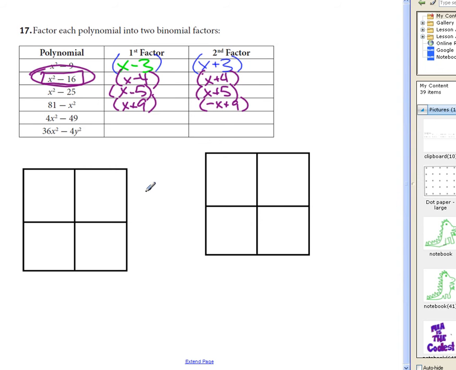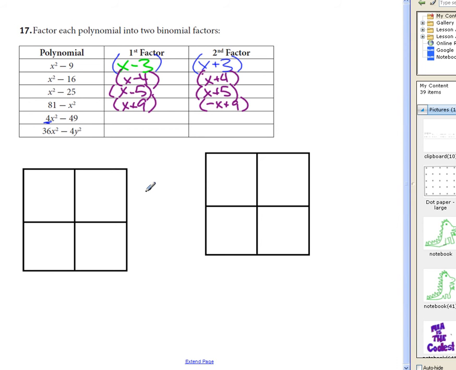Alright. We have 4x squared minus 49. We can still do this, and you're like, oh no, but it's not just x squared, now it's 4x squared. But what's special about the number 4? It has something in common with why we can use things like 9 and 16 and 25 and 81.